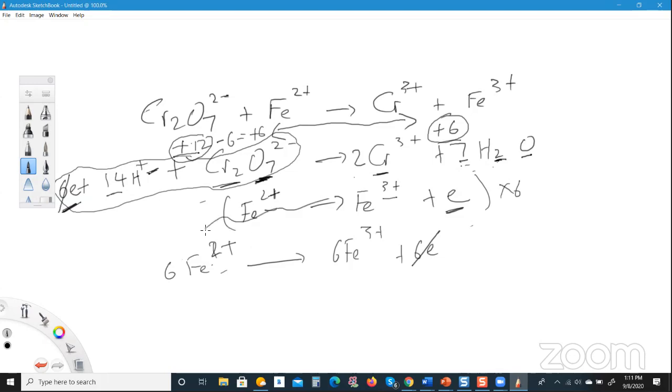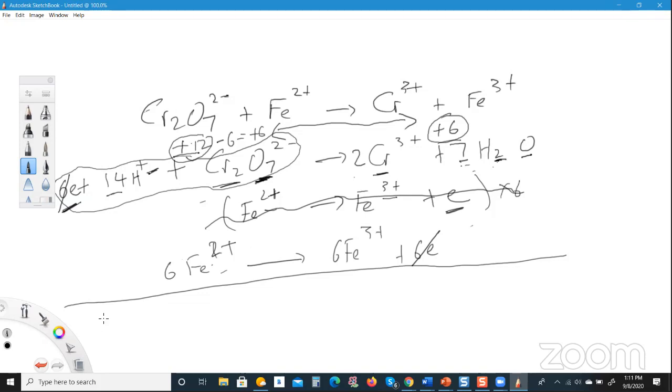Let me just cross this out to avoid confusion. So basically all we have to do from here is add both equations together without whatever is common to both sides, which would be the electrons in this case. And we simply write down what is left.